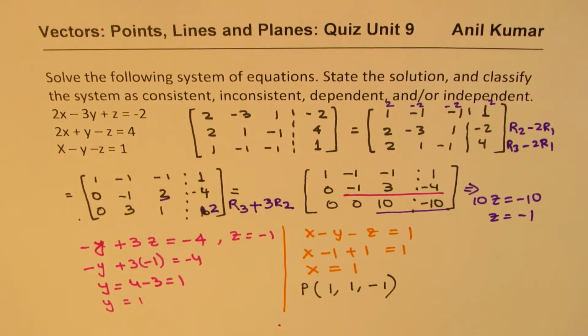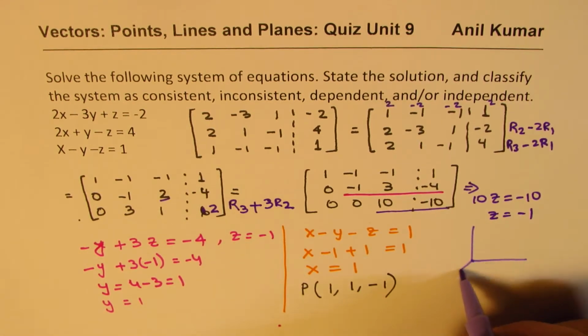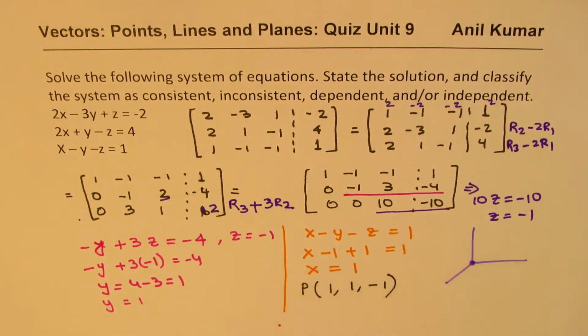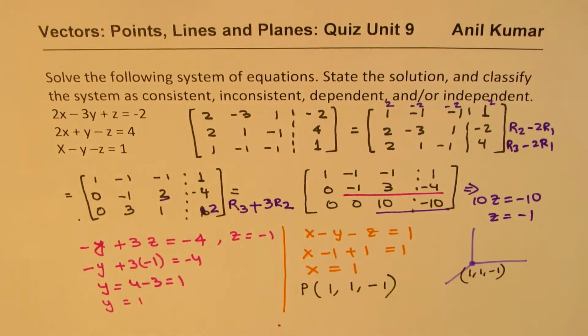So basically, the intersection of these three planes is at a point, 1, 1, and minus 1, where they intersect. That is how we can find the point of intersection for the given set.